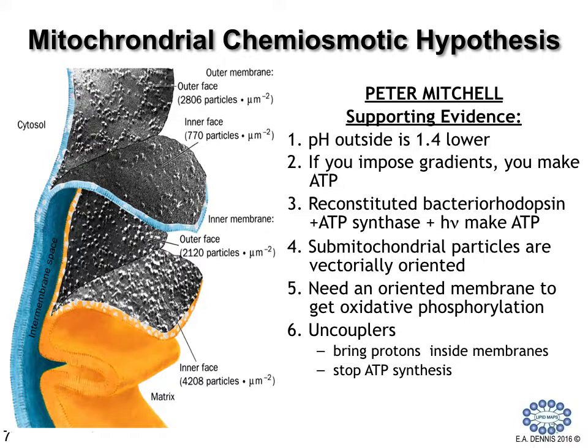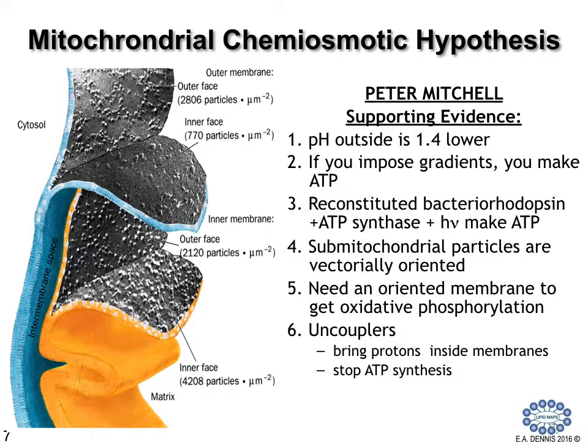Third, if one takes reconstituted bacterial rhodopsin plus the enzyme ATP synthase, which I'll introduce in a moment, and shine UV light on it, you can make ATP with the light being a source of energy picked up by the rhodopsin. Fourth, if you take submitochondrial particles made by various processes like sonication of mitochondria, in which they turn inside out, the synthesis of ATP is vectorially oriented in the reverse direction.